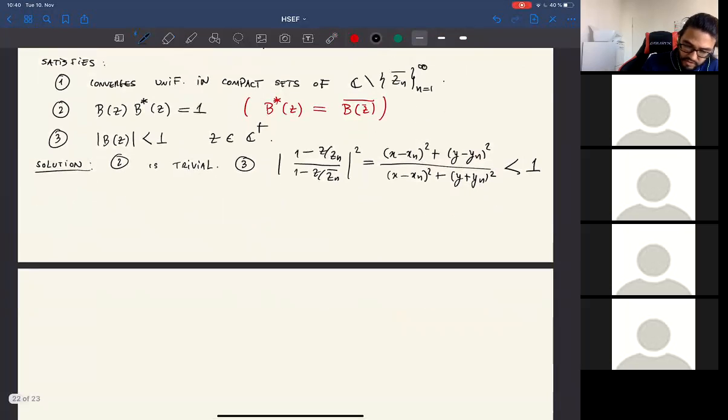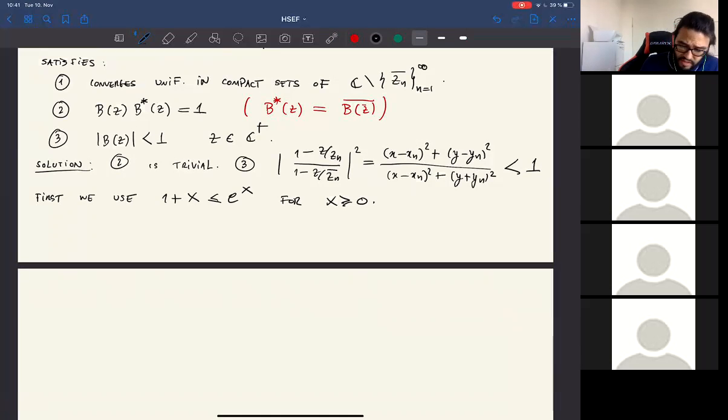So let me show 1. So 1, we have to work a little bit more. Okay, so the first thing we use is the inequality 1 plus x is less or equal than e to the x for x greater or equal than 0, which is kind of obvious.